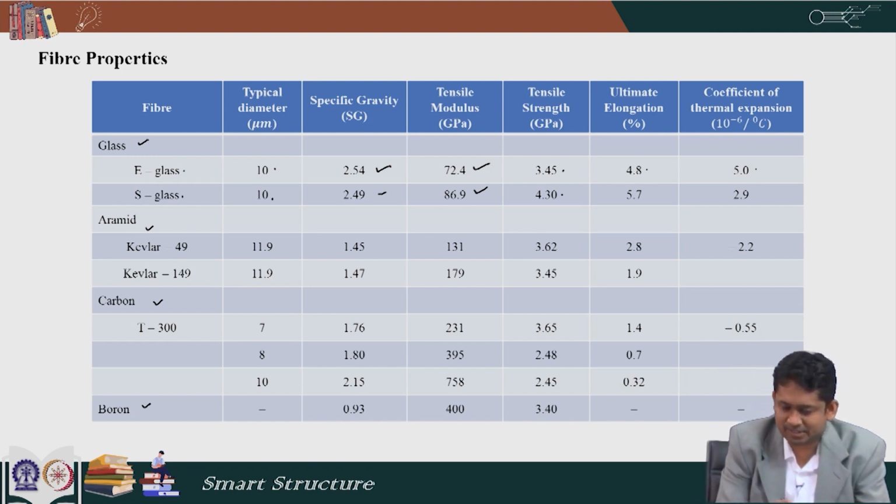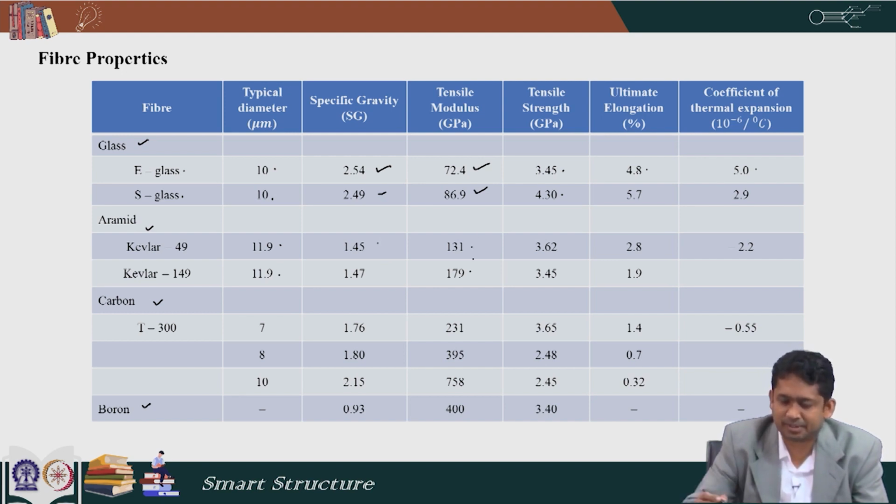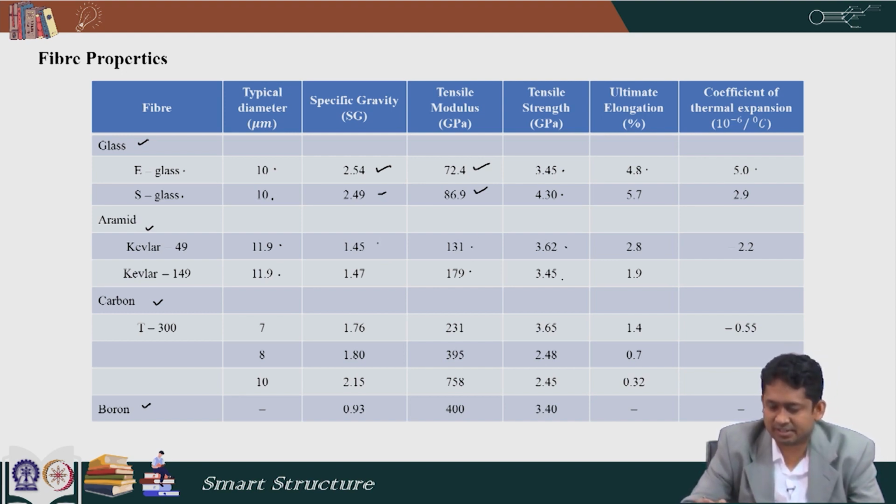Kevlar fiber properties: again the typical diameter is somewhat the same, specific gravity is a little less, tensile modulus is higher than the glass fiber, tensile strength is somewhat the same, ultimate elongation is less than the glass fibers.